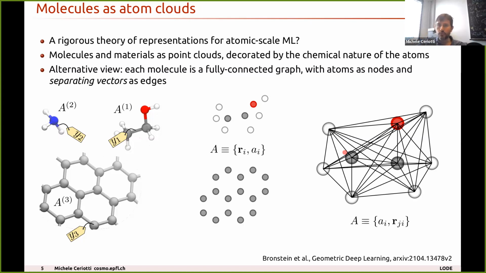But from the point of view of quantum mechanics, given the position of the atoms and assuming a Born-Oppenheimer approximation, the bonds are something that you can learn from the position of the atoms, so they shouldn't be part of the input. And this is why when we do this bottom-up modeling, we don't use information on the connectivity, but we use all the edges. Okay, thank you, Michele.